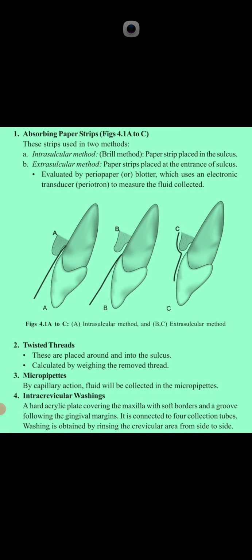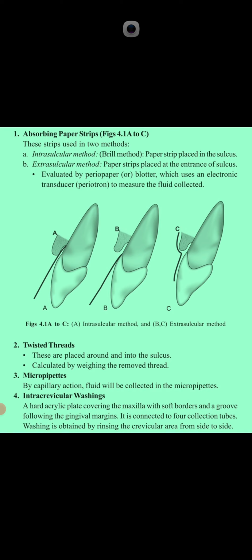Fourth method is intracrevicular washing. In this method, a hard acrylic plate covering the maxilla, with a soft border and a groove to follow the gingival margin, is placed on the maxilla. Then it is connected to four collection tubes.